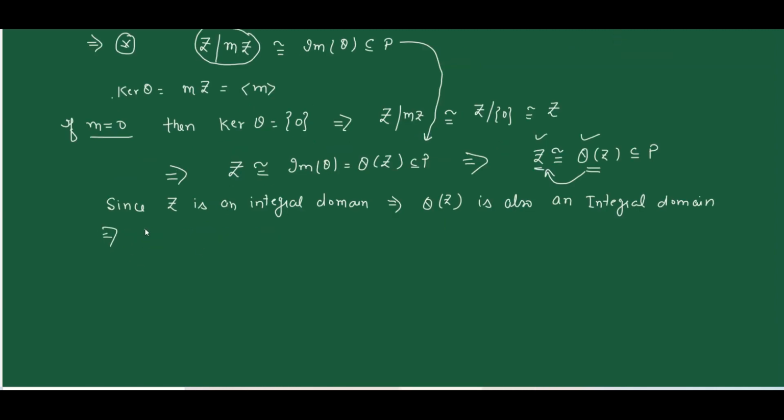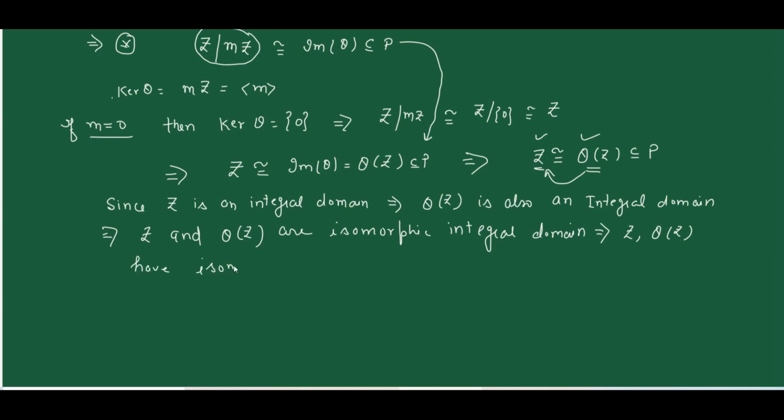So this implies z and theta z are isomorphic integral domains, and therefore z and theta z have isomorphic fields of quotients.